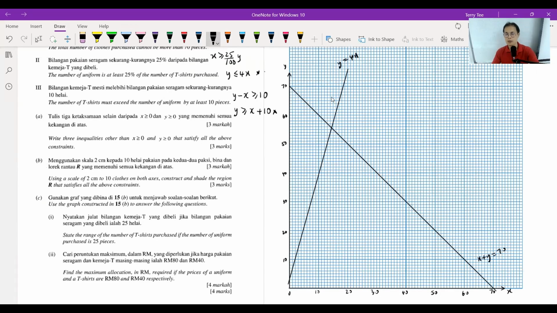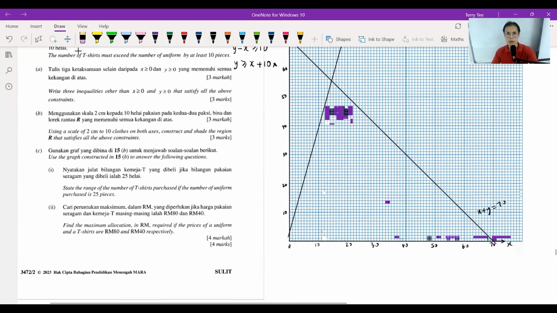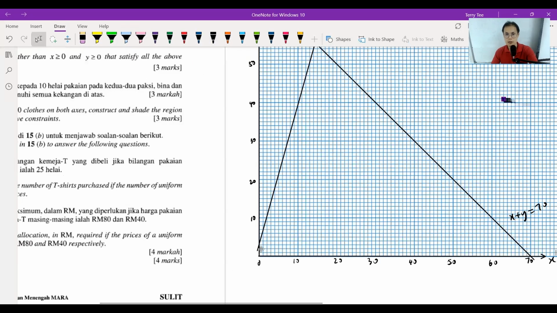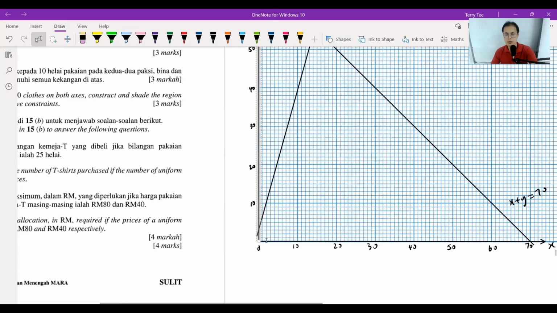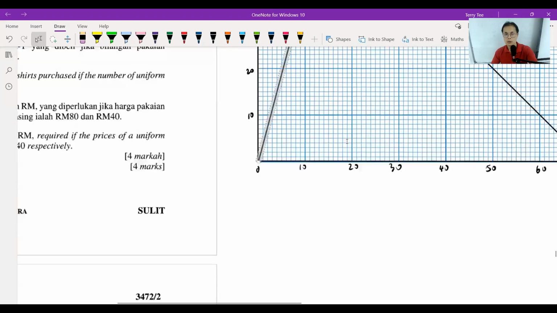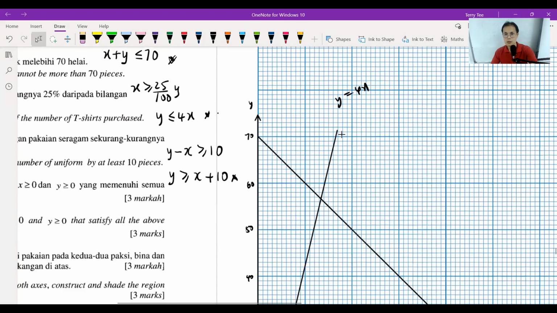Third equation is 0, 10 and 30, 40. Sorry, I need to adjust this. Take this one here. Make sure it passes through 0, kosong, kosong. This one is over here.